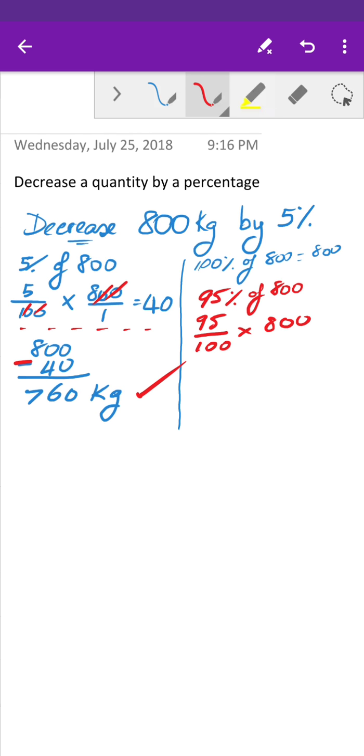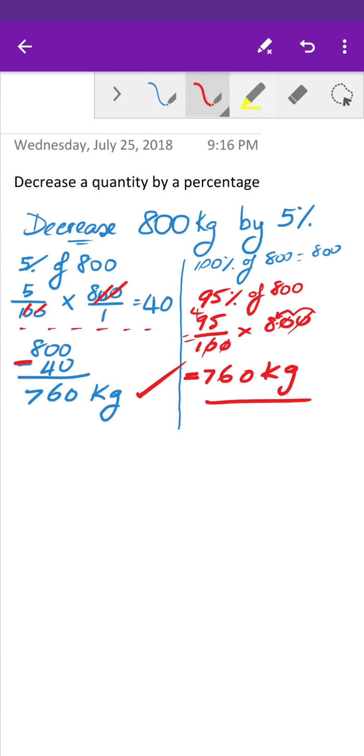To divide by 100, you could cancel the zeros or move the decimals across twice, to be 8. Now 8 times 95: 8 5s are 40, 8 9s are 72, plus 4 is 76. So we've got our answer, 760 kilograms, and that's automatically decreasing 800 by 5%.